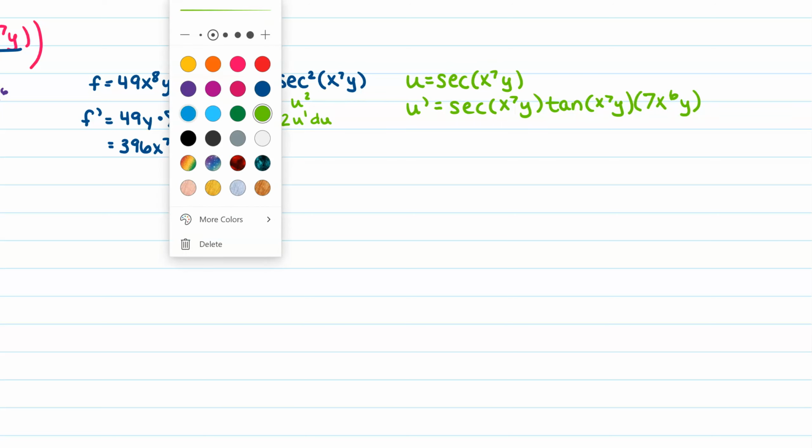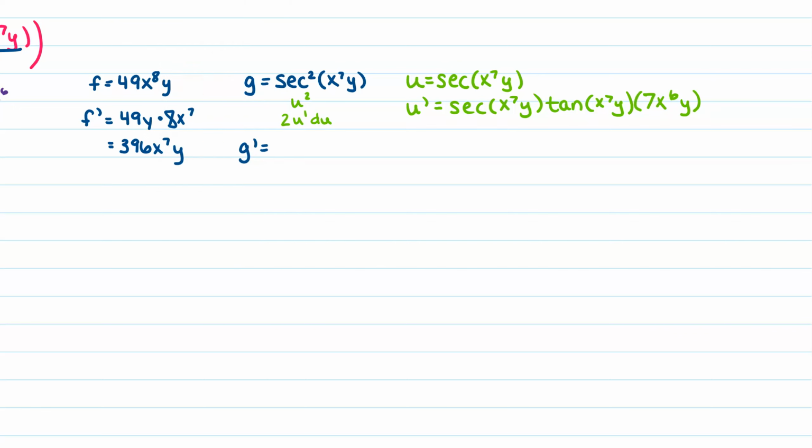So we would have 2 secant of x to the 7th y times u prime, which was secant x to the 7th y tangent x to the 7th y, and then 7x to the 6th y.